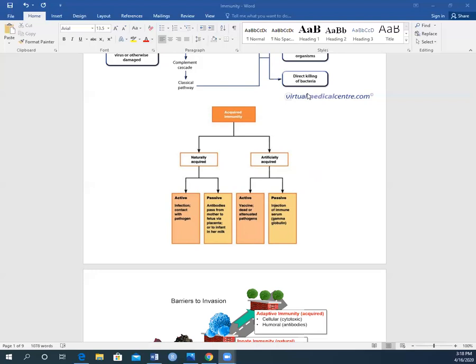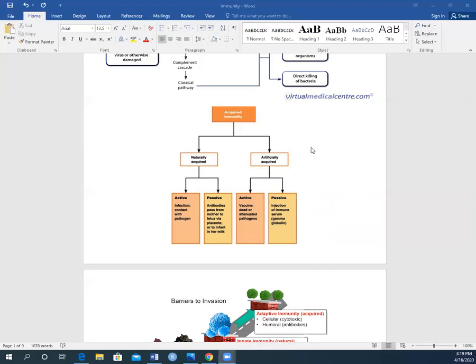So create memory T cells and memory B cells. When you're exposed to it a second time, your body can then mount a better defense because it remembers that pathogen from a previous exposure. The naturally acquired passive, excuse me, this is going to be when the mom passes her antibodies to the baby through either the placenta or through her milk.